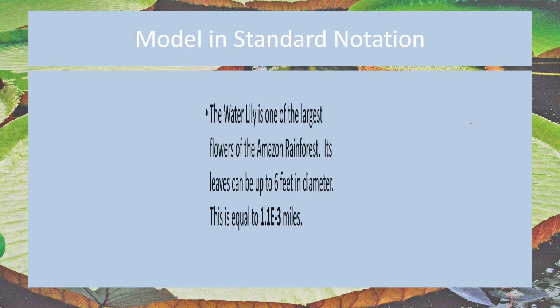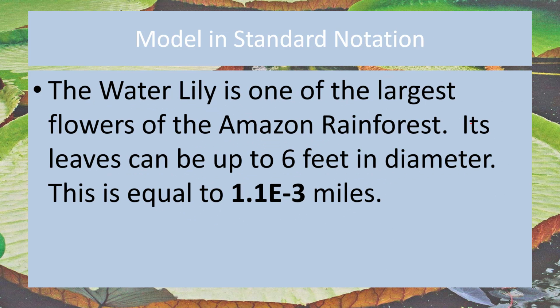Model in standard notation. The water lily is one of the largest flowers in the Amazon rainforest. Its leaves can be up to 6 feet in diameter. This is equal to 1.1 e to the negative 3 miles. Who remembers what that e is? If you said that E represents calculator notation, you are absolutely correct.